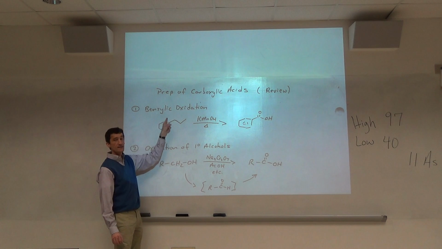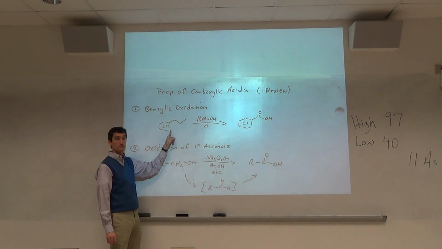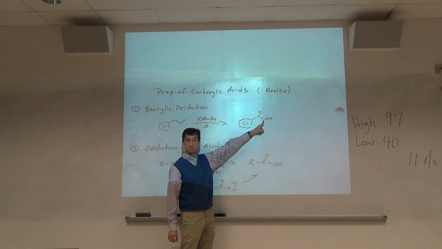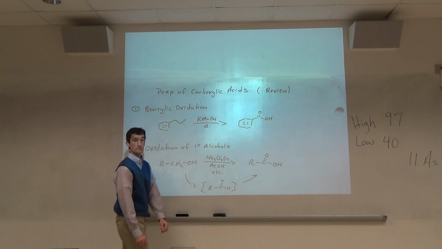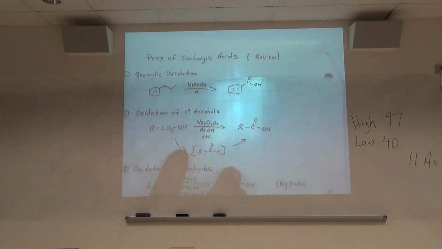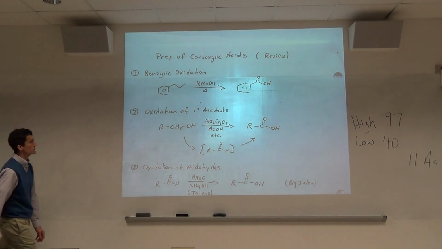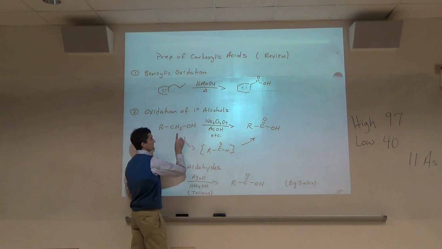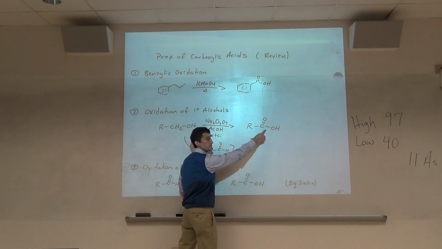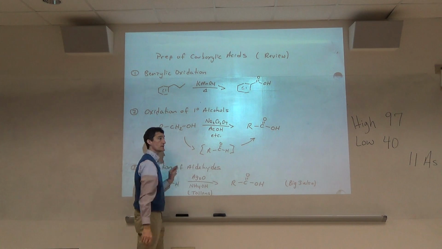First way, benzylic oxidation. React this with KMnO4, what do you get? Carboxylic acid. What other ways have we made carboxylic acids? What about oxidation of primary alcohols? Make primary alcohol, one of the big 3, what do you get? Carboxylic acid.